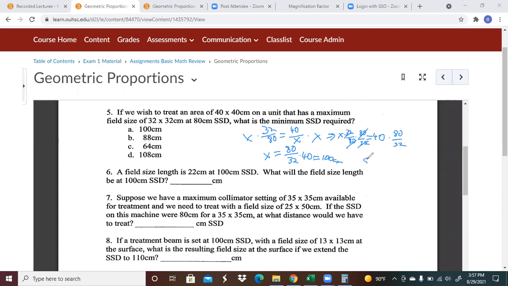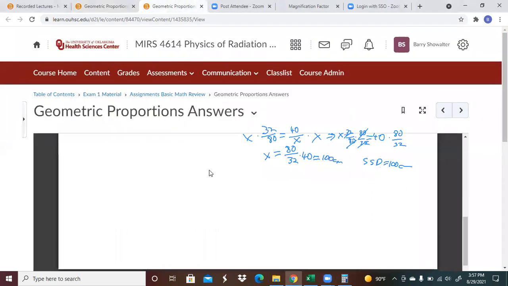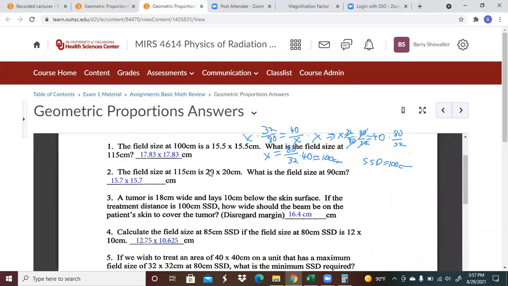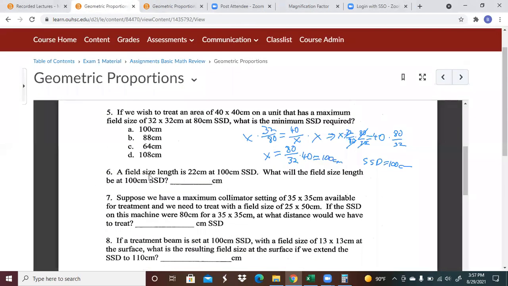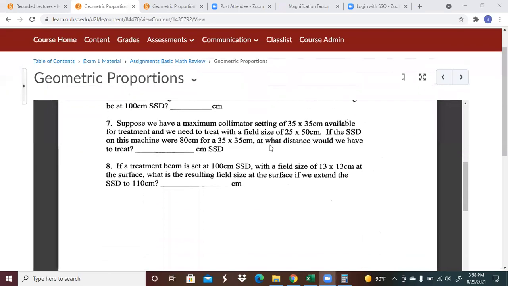So there we go. The new SSD is equal to 100 cm. Let me check here and see if I'm right, but I believe I am. There we go. Now, let's go down.